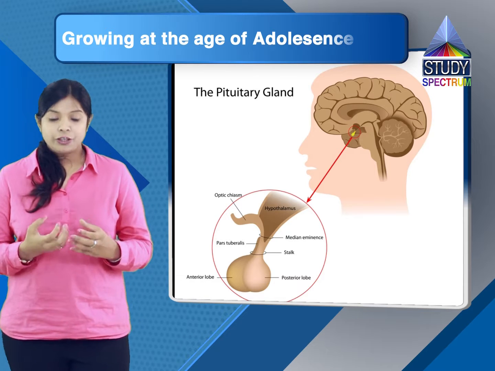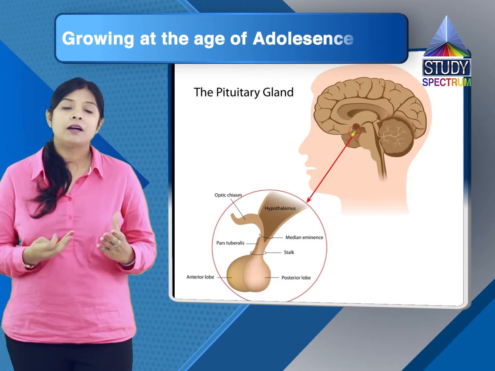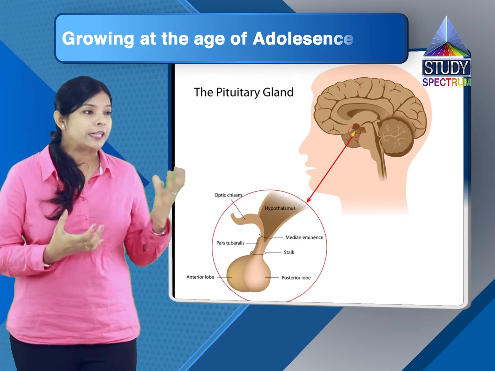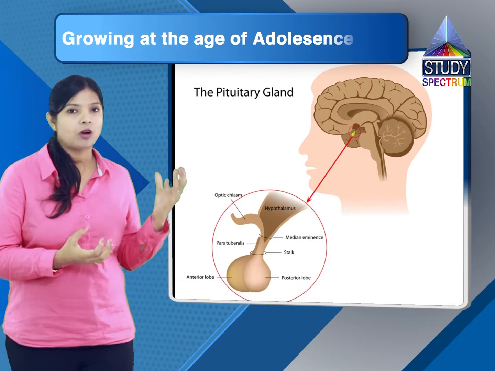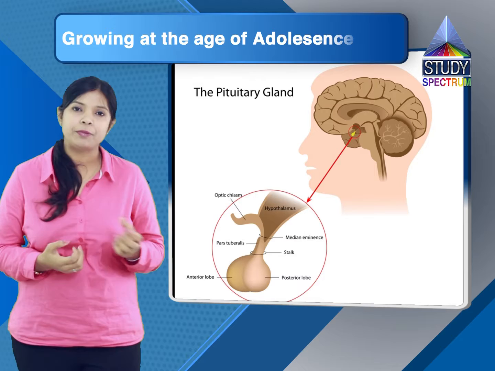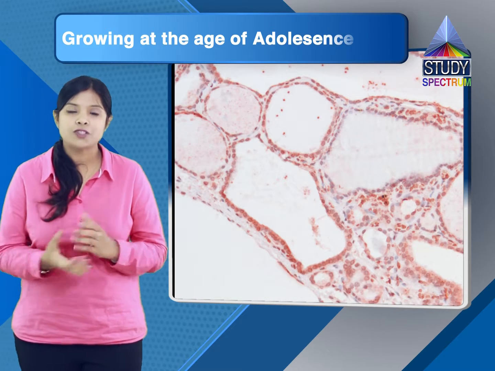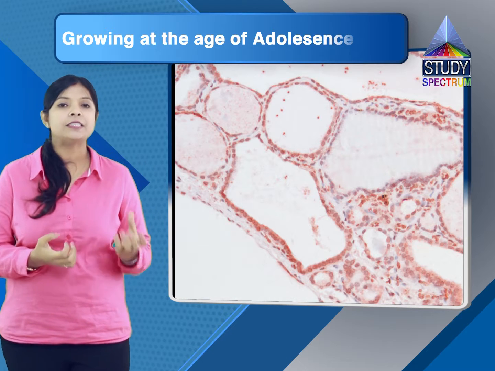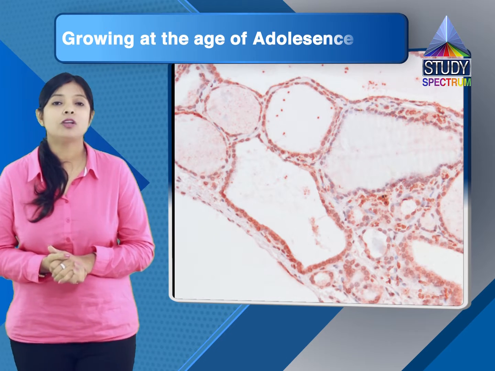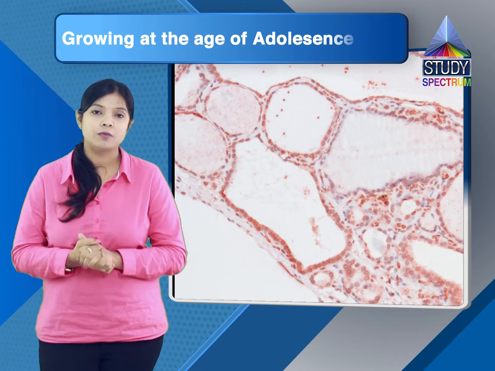Now, what is the location of the pituitary gland? It is located at the base of the brain, and the hormones released from the pituitary gland are TSH, that is thyroid stimulating hormone, and GH, that is growth hormone. What is the role of TSH, thyroid stimulating hormone?